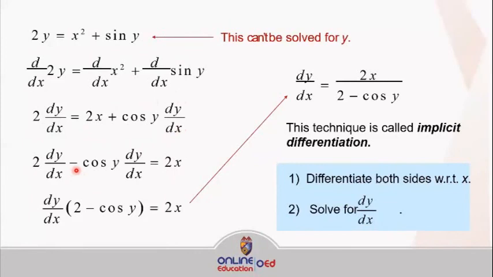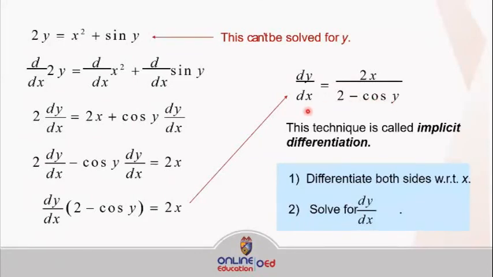Kaya siya naging negative value. And then same lang siya with the dy over dx times the 2 minus cosine y equals sa 2x. And then divide lang both sides by 2 minus cosine y. Therefore, the value for the dy over dx is equal to 2x over 2 minus cosine y.